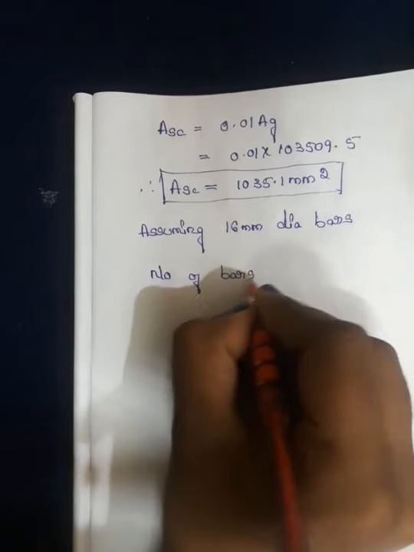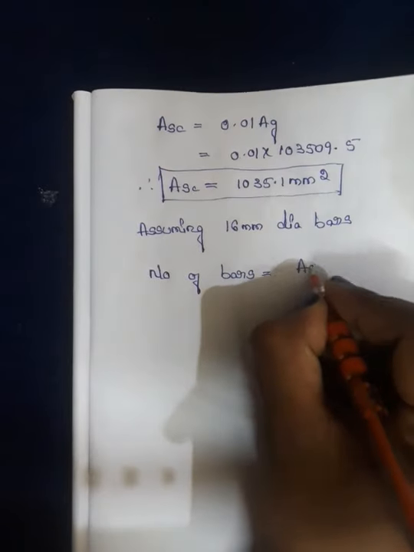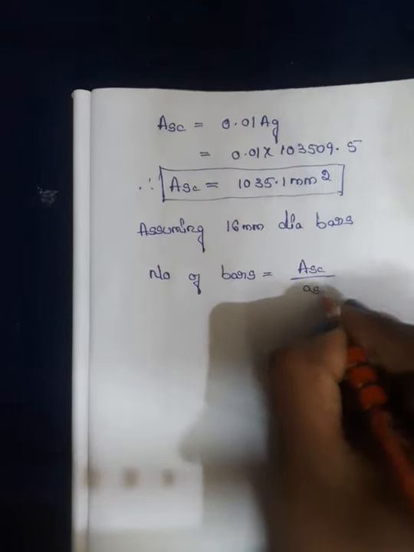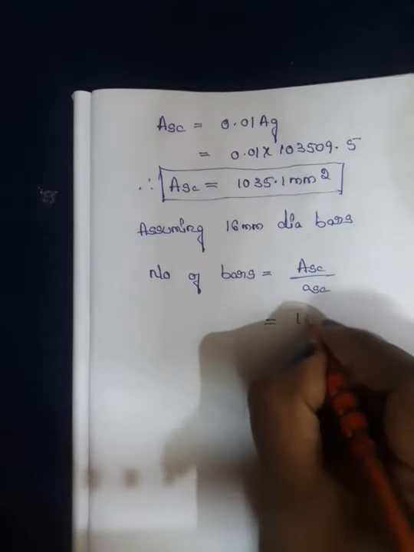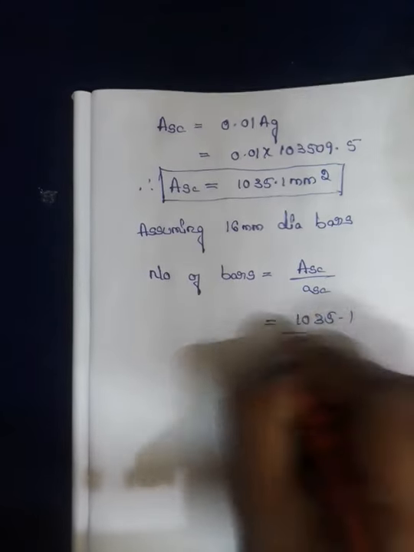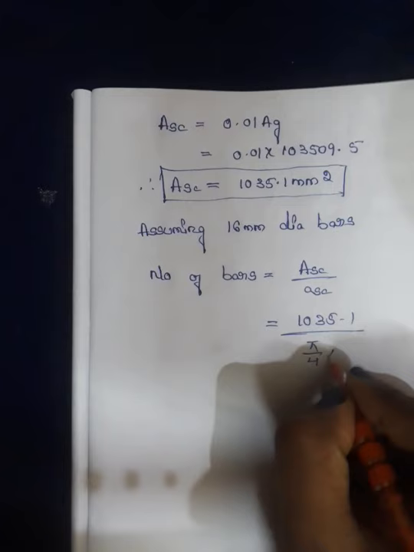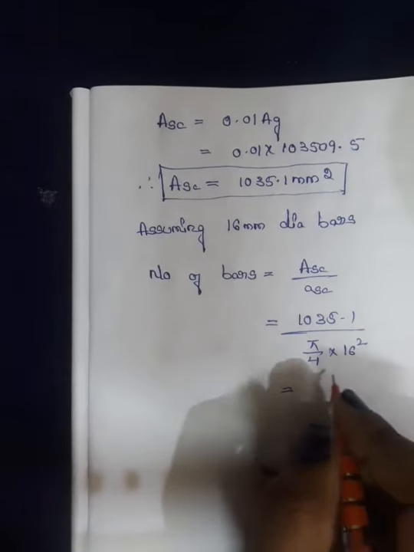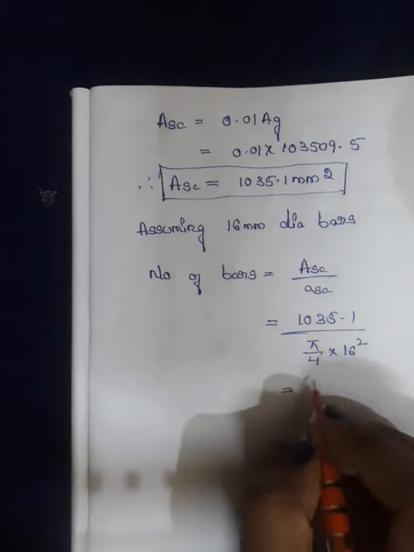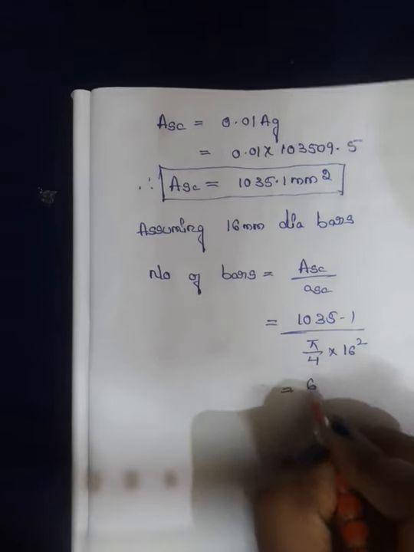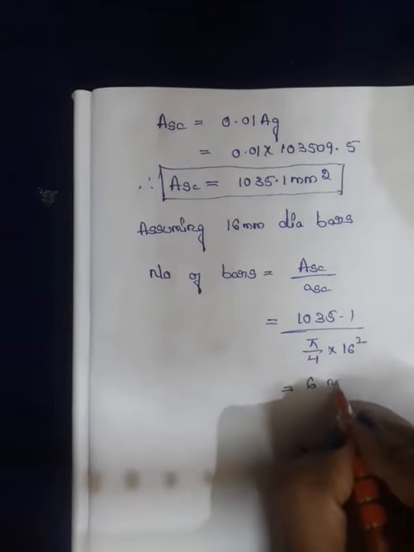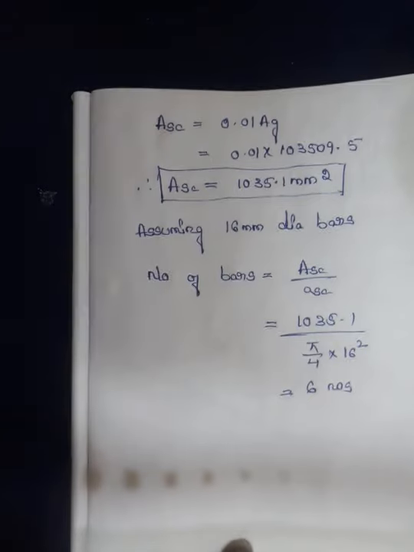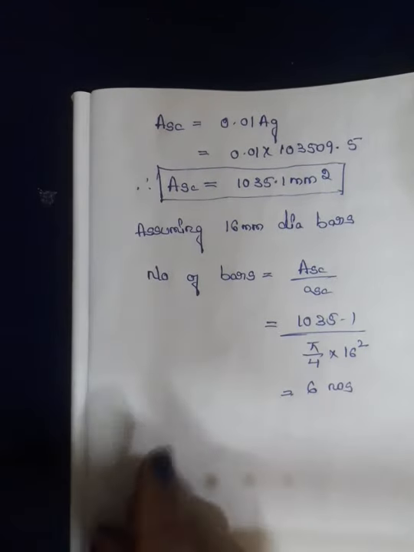Number of bars is equal to Asc by area of one bar, 1035.1 by pi by 4 d square, where d is 16 square. How many bars are we getting? 5 point something, so 6. Therefore number of bars is equal to 6.